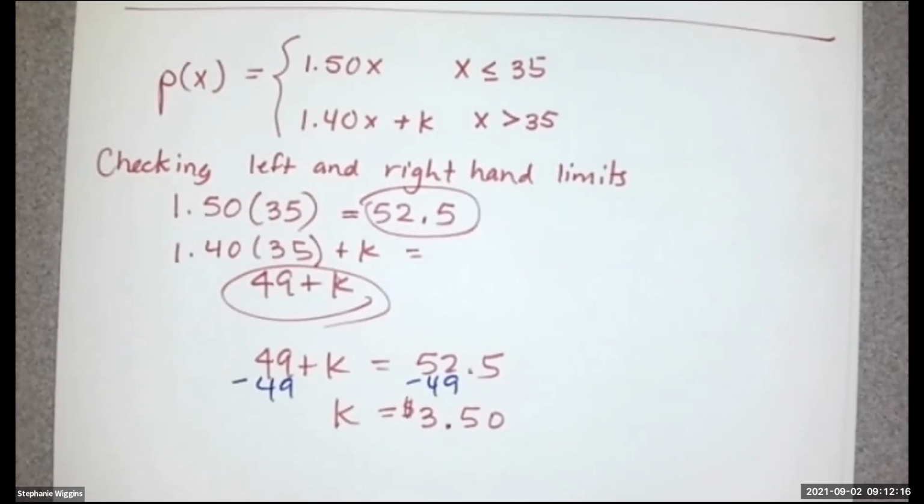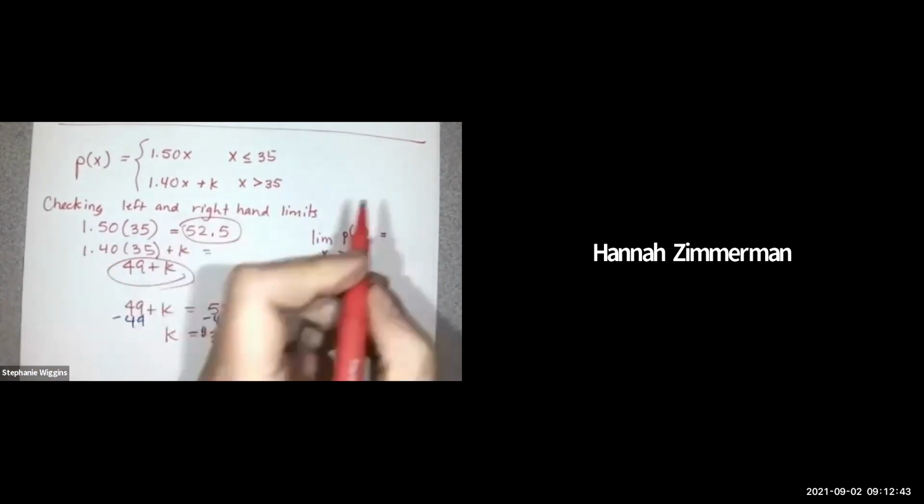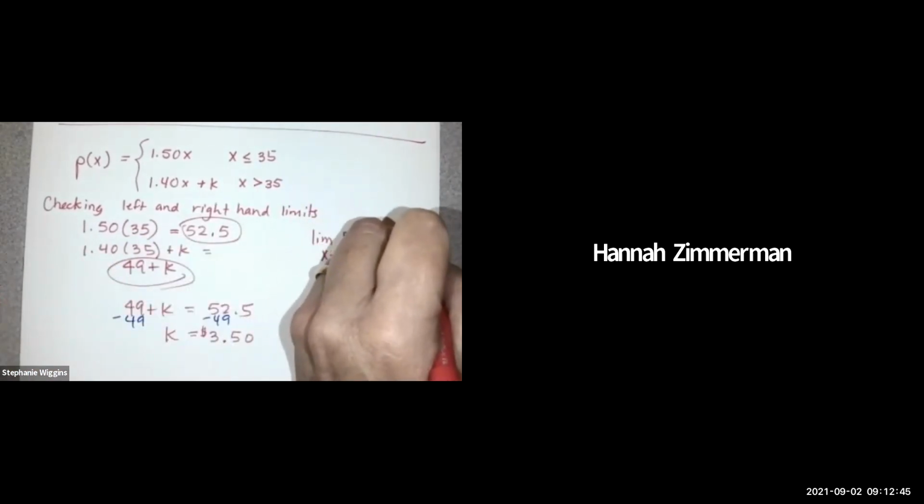Just plug in the number. By the way, the second thing that you have to check is whether the function value exists, and it has to be equal to your limit value. So here the left and right hand limits are going to be 52.5. So the limit as x approaches 35 of our function p of x is equal to 52.5.